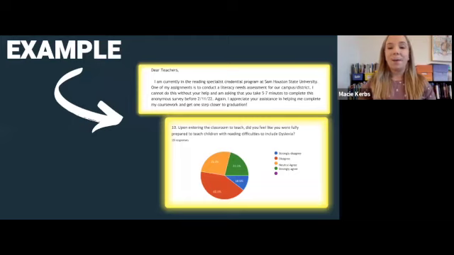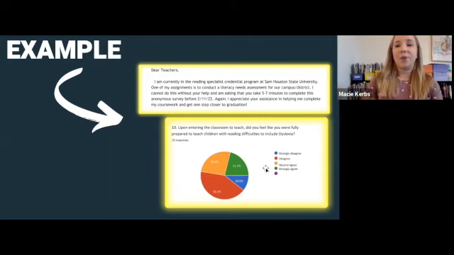The other thing about it is you can see the breakdown. This is a graph that's actually presented from Qualtrics. So you can print a report and an analysis of all of the questions. So it's just easier to interpret. This is an example of a student from last semester in the spring. You can see she has a quick description of what she's doing. And then this is an example of the question she asked and how her participants responded.